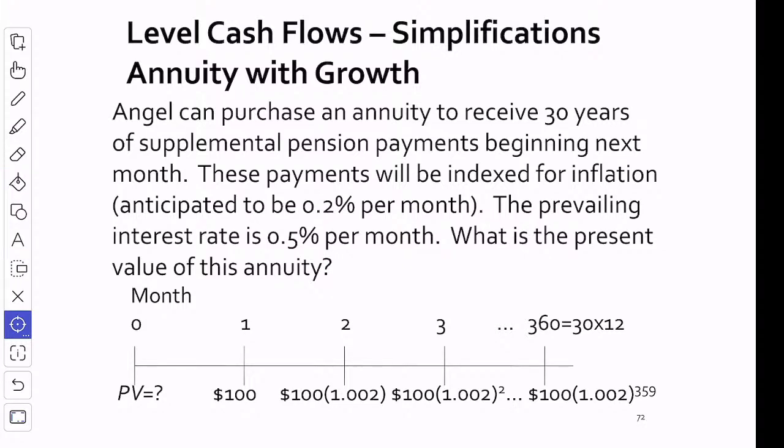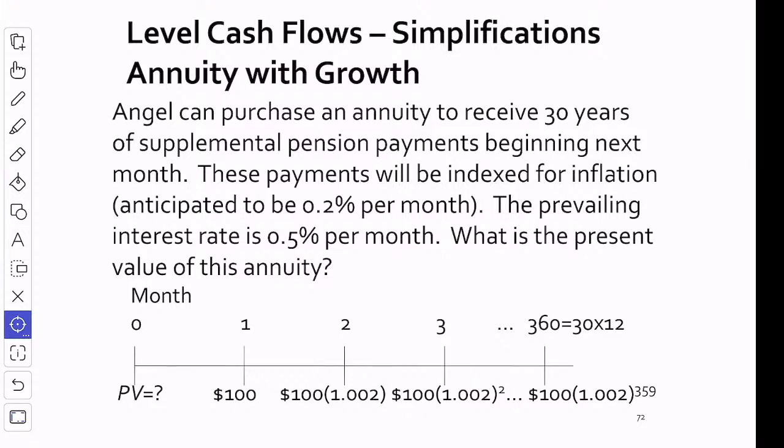So these guys are going to receive an extra 0.2%, which is 0.002, a factor of 1.002 times $100 in the first growth period. So we have to wait one period to get the 100, then the next one grows, and then the next one grows. So these are growth factors.